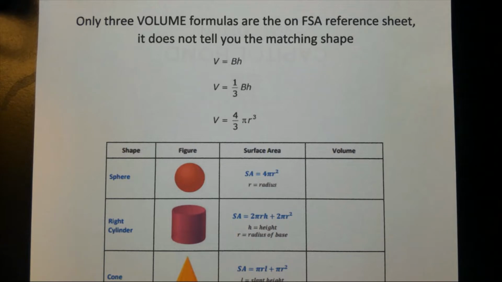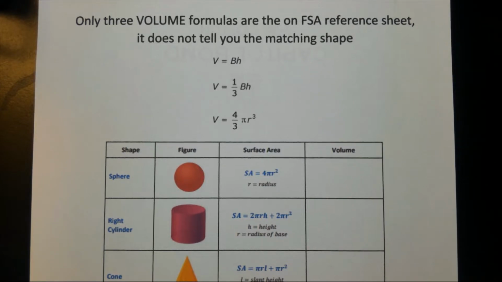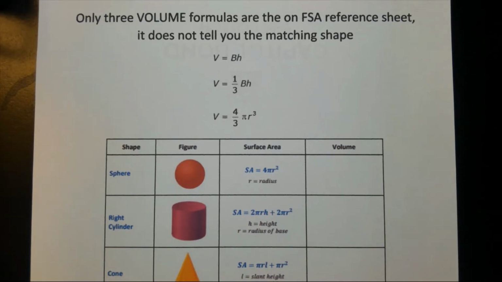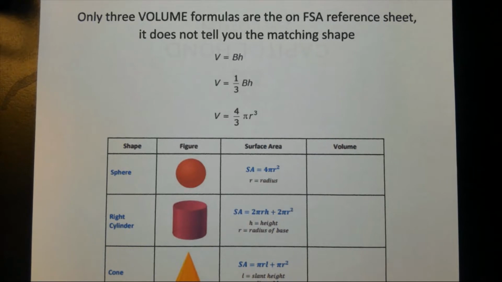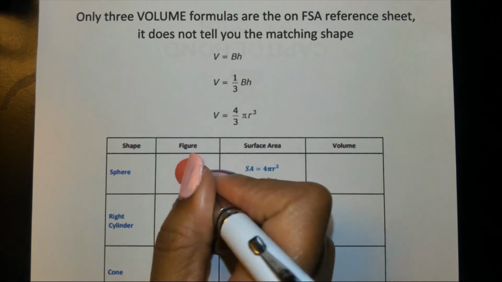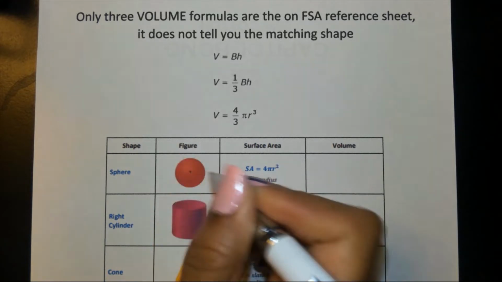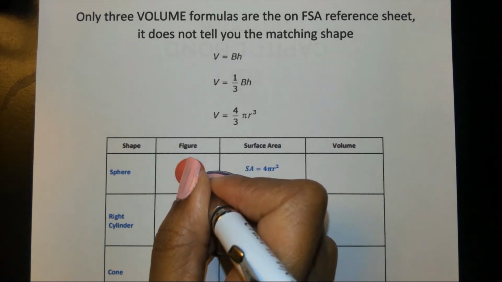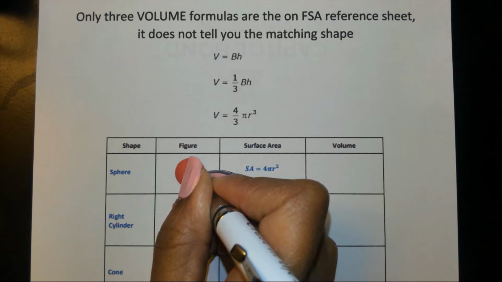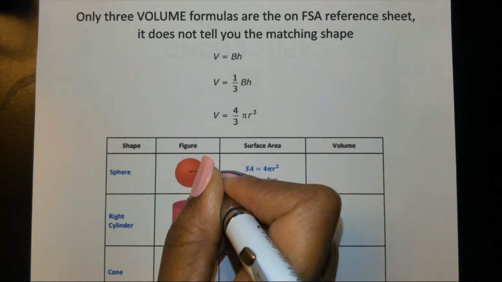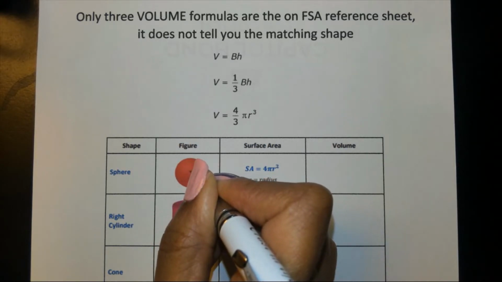And from prior studies, and when I mean prior, really, before you ever got to the geometry class, you know that the radius would go from the center of a circle, or in this case, the center of the sphere, out to the side. And we know that that would be our radius.